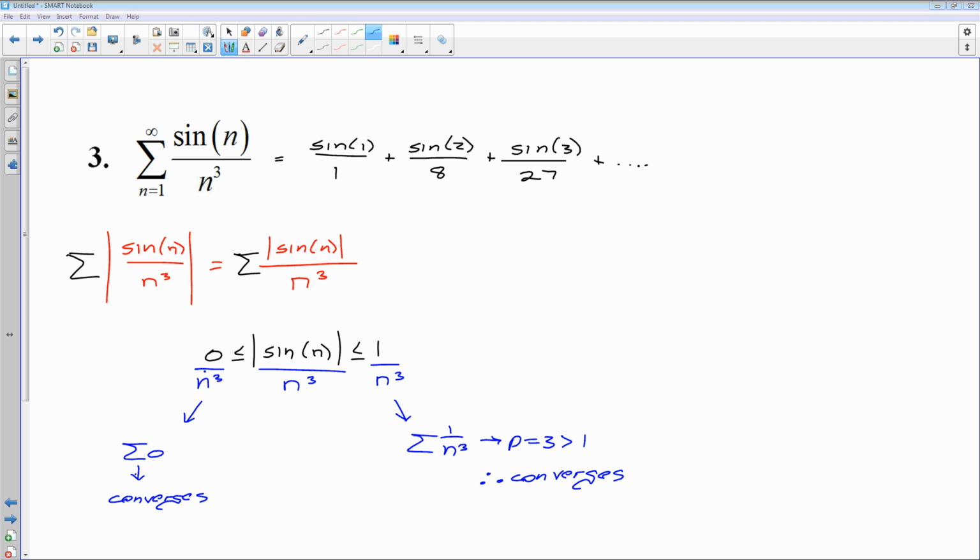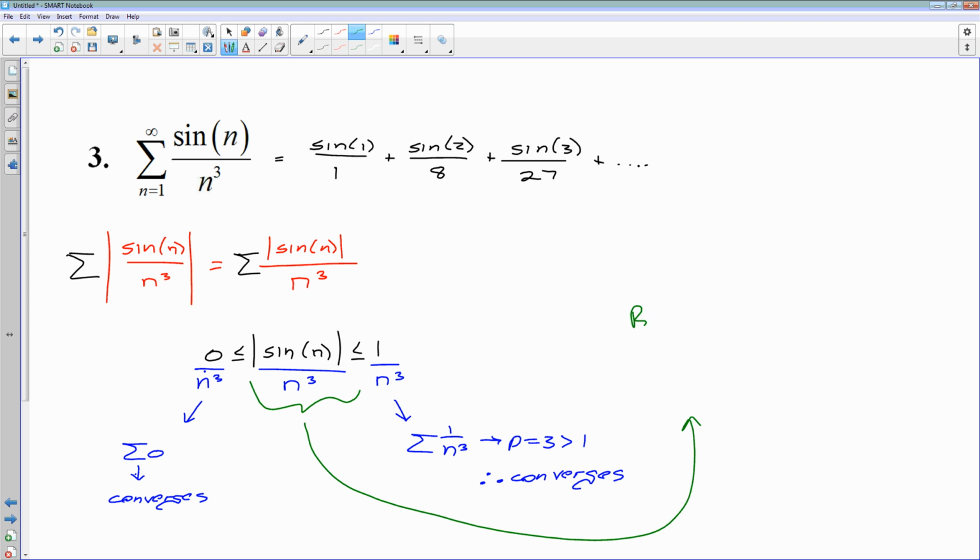And I'm actually not 100% in love with the way I said that. We did squeeze it, but I'm going to actually go to the direct comparison test. I showed that the series in question is less than a known convergent series. So I'm going to say by direct comparison, I know that this also converges.